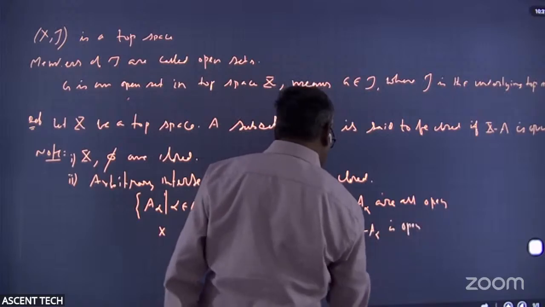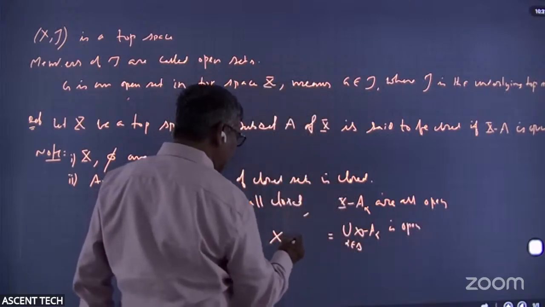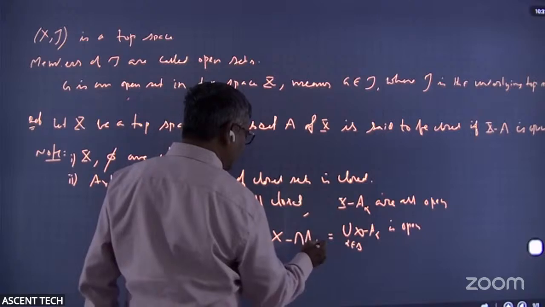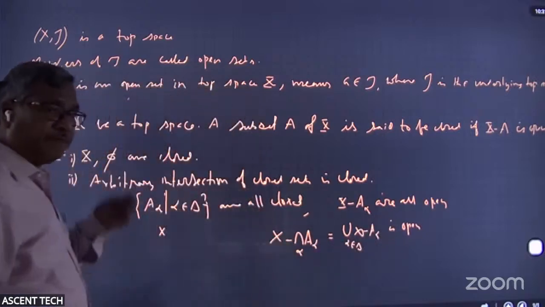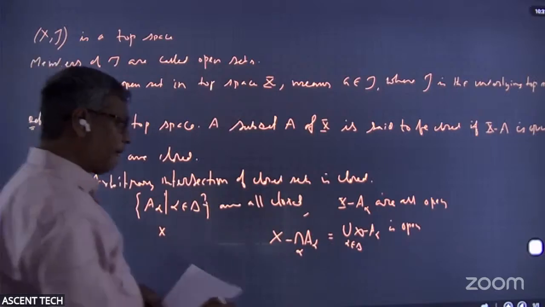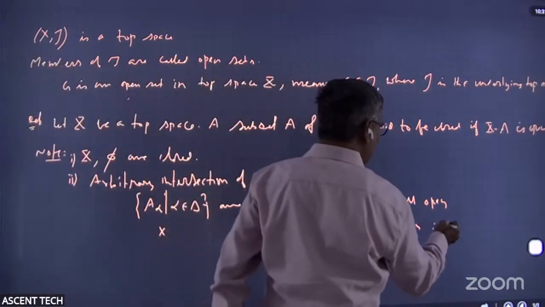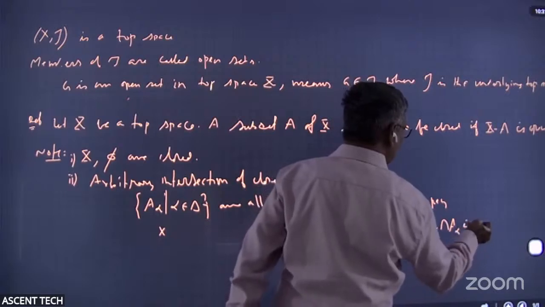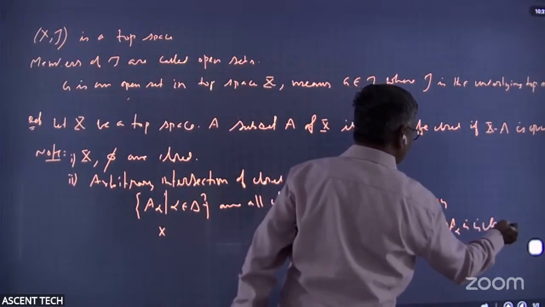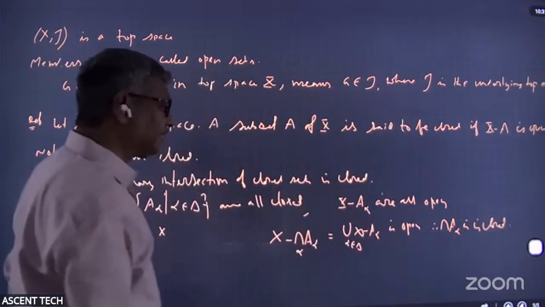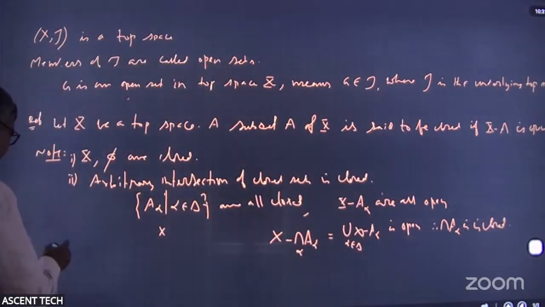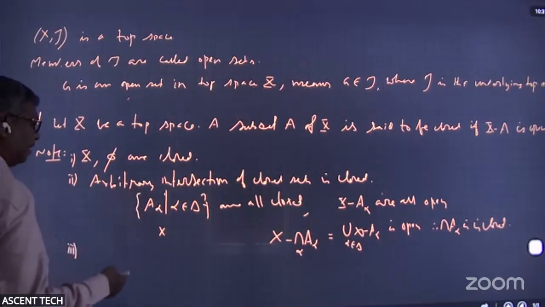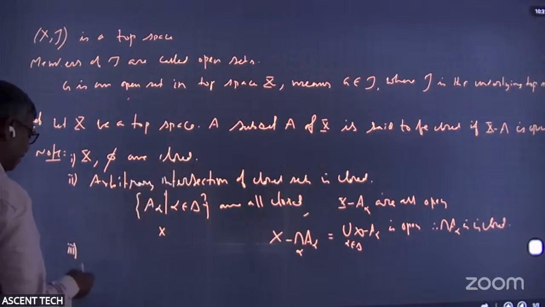Okay, but that is actually X minus the intersection of A alpha. So this is open, and therefore the intersection of A alpha is closed. Okay, so arbitrary intersection is closed, but finite union of closed sets is closed, not arbitrary union. The second one you can see because these are the complements of open sets. That's why by De Morgan law I got it in the reverse here, right?